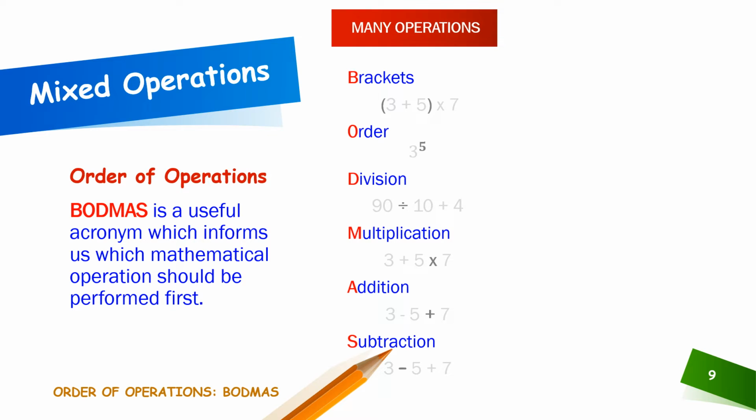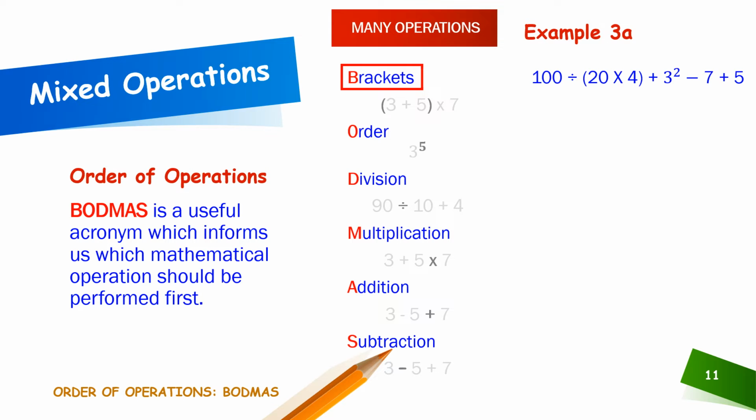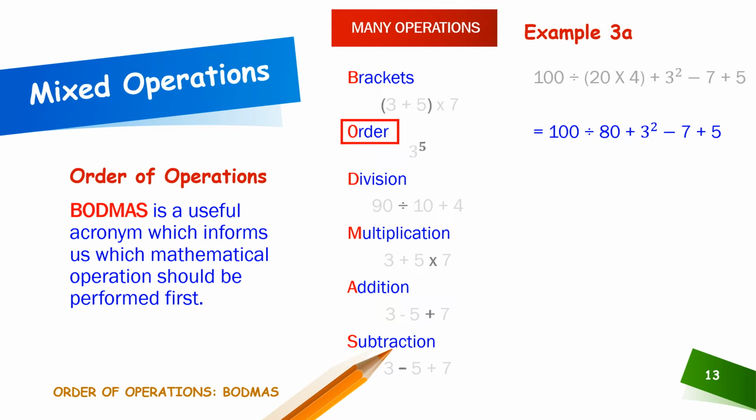Let's take a look at an example. Consider the one shown on your screen. Carry out the operations within brackets first. 20 times 4 is equal to 80. We substitute 80 in place of 20 times 4. Now see if there are any orders or indices or powers.